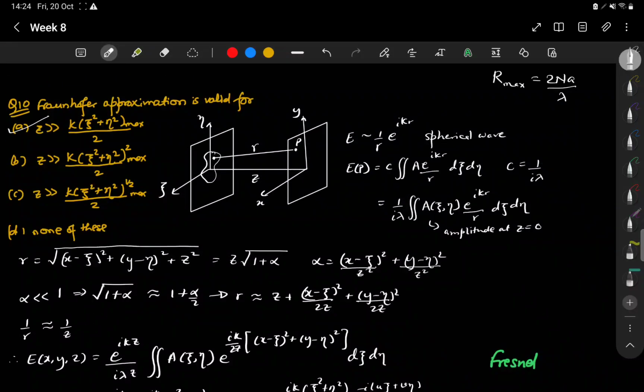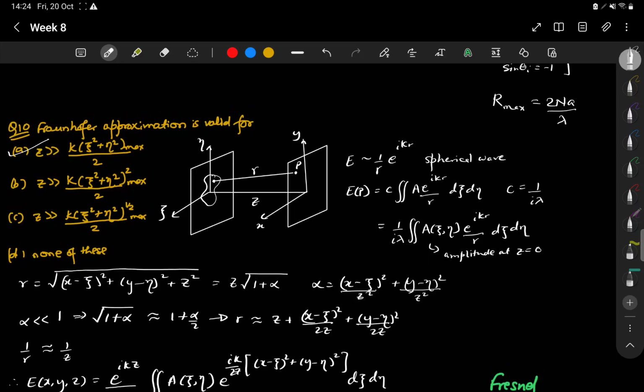So someone is rightly pointing out in the Zoom chat box that we could have done this by dimensional analysis as well, because options B and C are dimensionally incorrect. On the left hand side we have z, which has dimension of length, whereas for option B the right hand side has dimensions of length cubed, and for C the right hand side is dimensionless, because xi squared is length squared, square root of that is length, and k is 1 over length, so that is dimensionless.